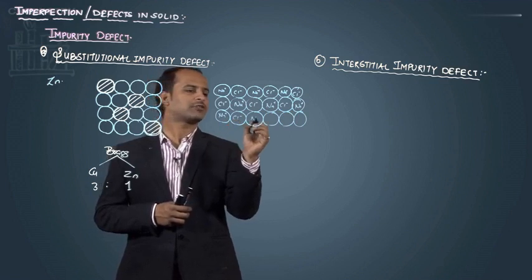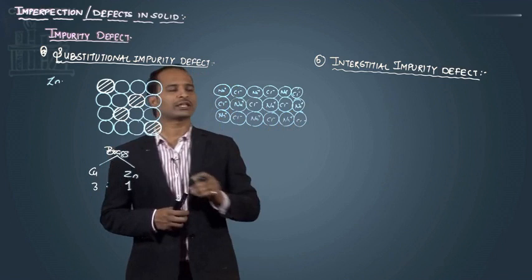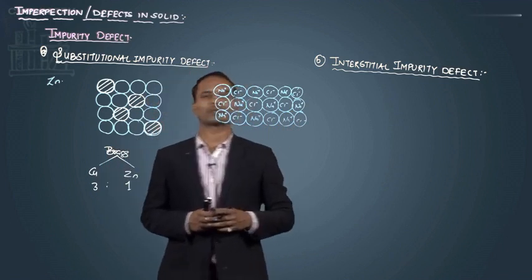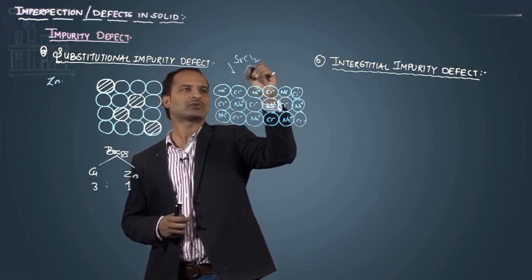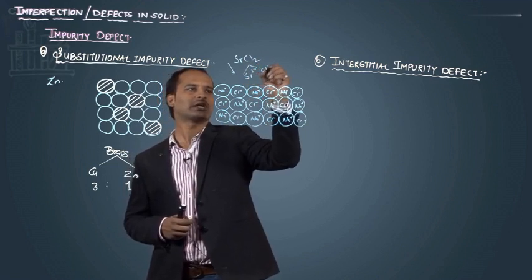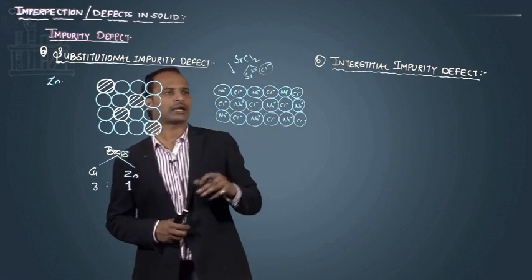Now in the case of the sodium chloride ionic solid, suppose I am mixing it with strontium chloride, SrCl2, which has strontium ions and chloride ions. Since the anion is the same, there is no problem with respect to the anions.